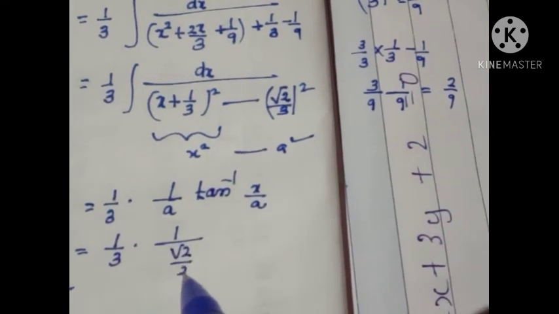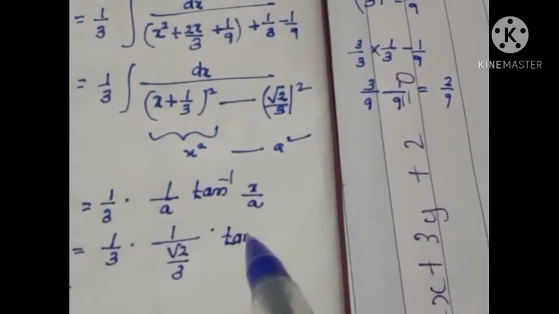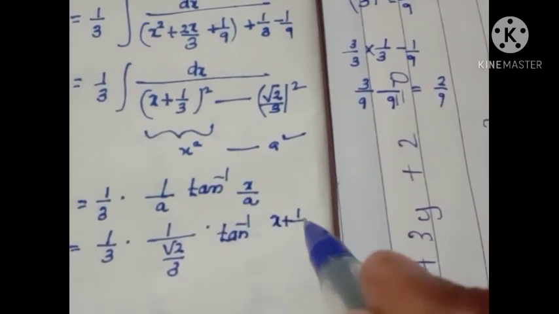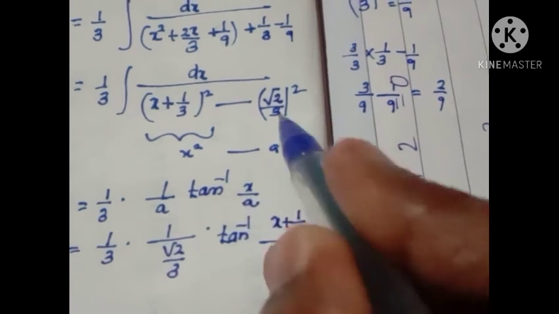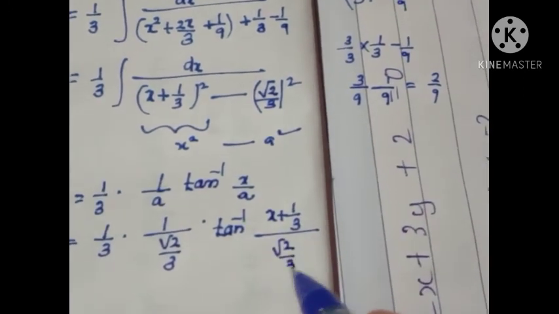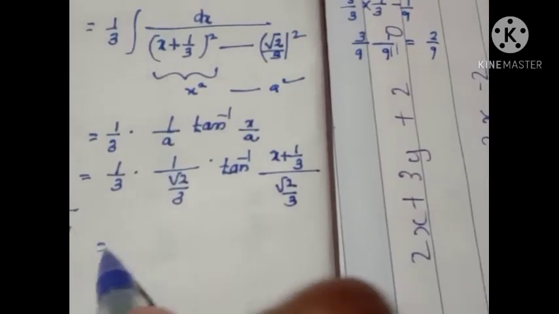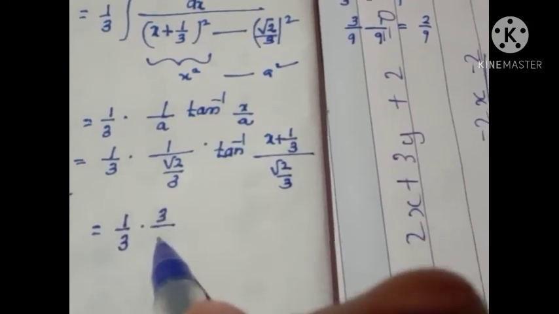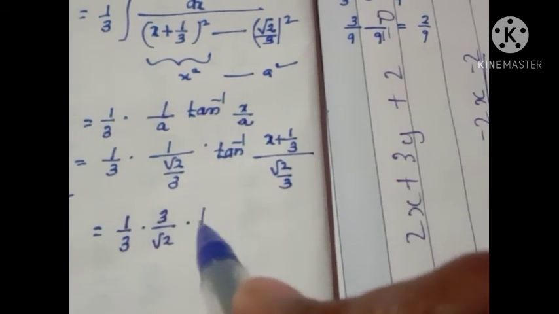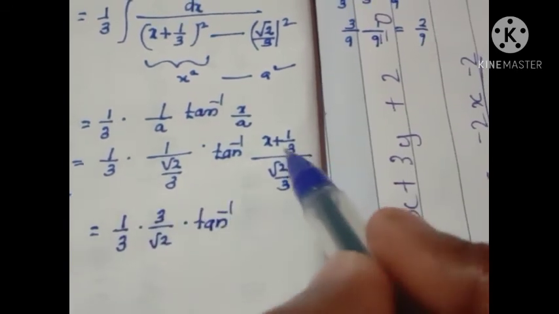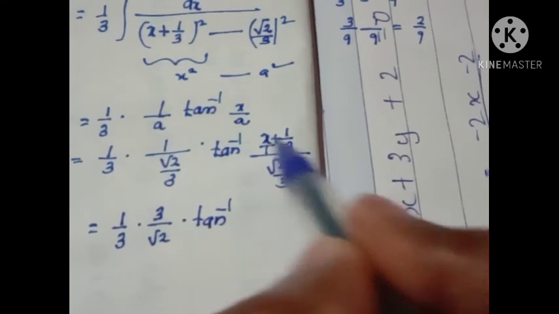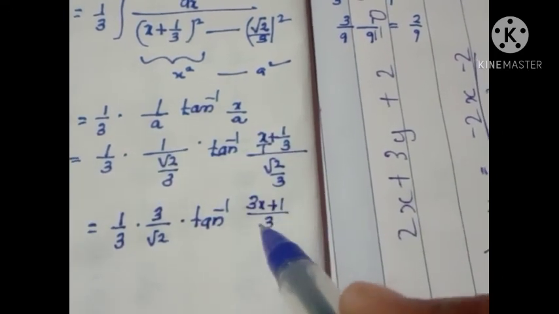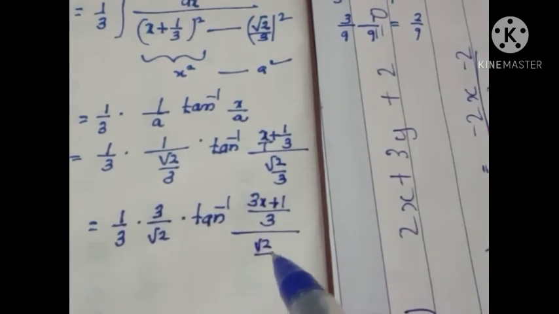That is 1 by 3 into 1 by, what is a here? Root 2 by 3 into tan inverse, what is x? x + 1 by 3, by a. What is a? Root 2 by 3. Now simplify all these things. 1 by 3 into, this 3 becomes numerator. 3 by root 2 into tan inverse. Take LCM or cross multiplication. You can see that it is (3x + 1) by 3 by root 2 by 3.